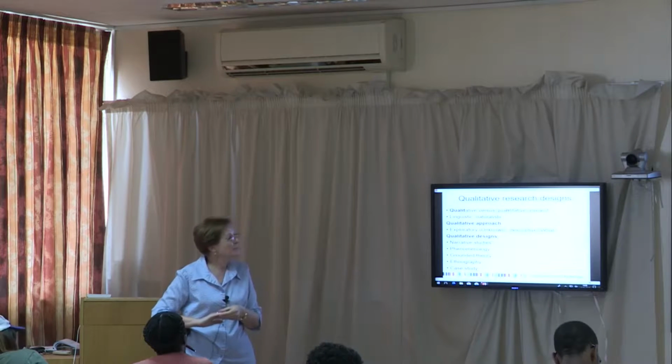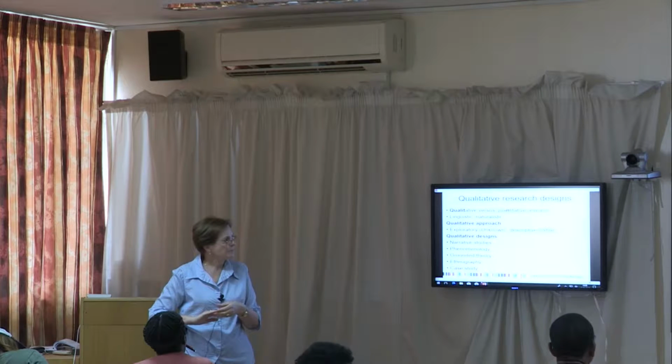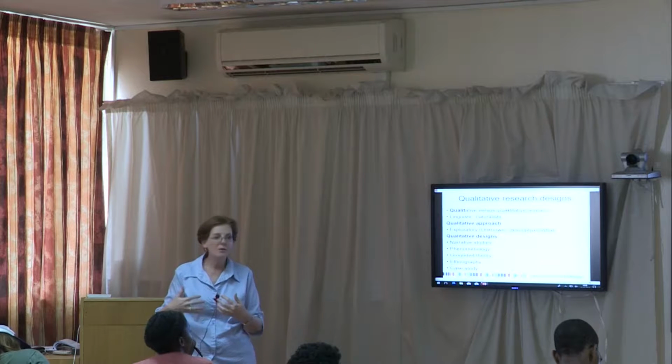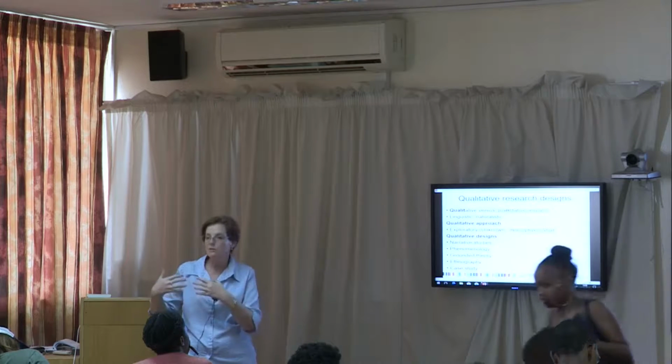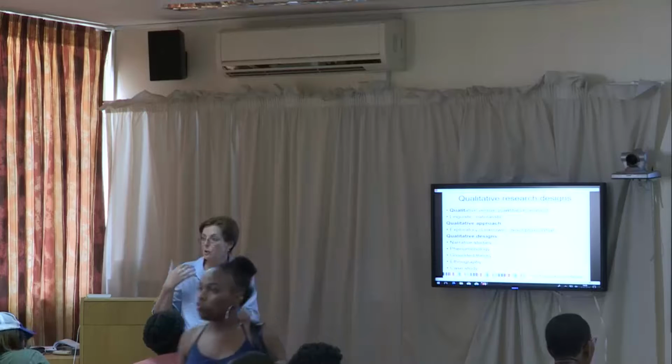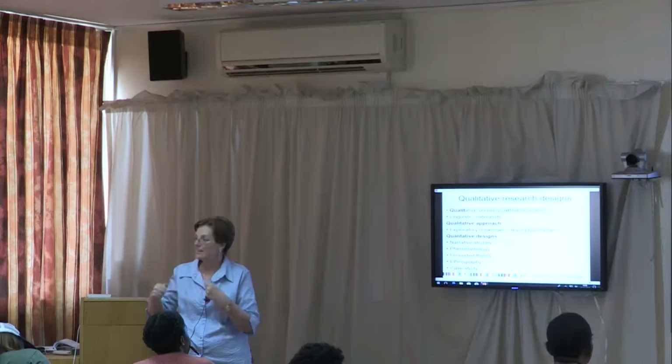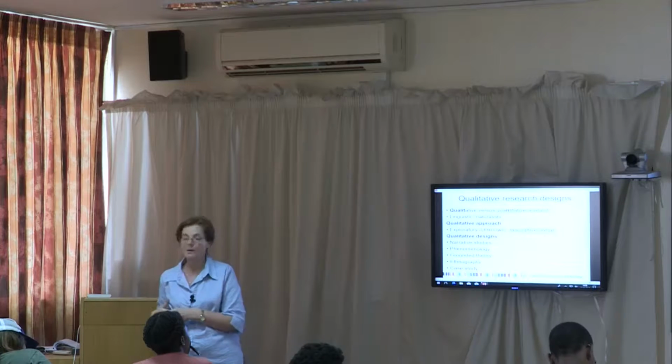Or you can observe it in a naturalistic way. In other words, you go and sit with the people and observe what they are doing and write it down in your words, and then you analyze their actions that you have written down in words.